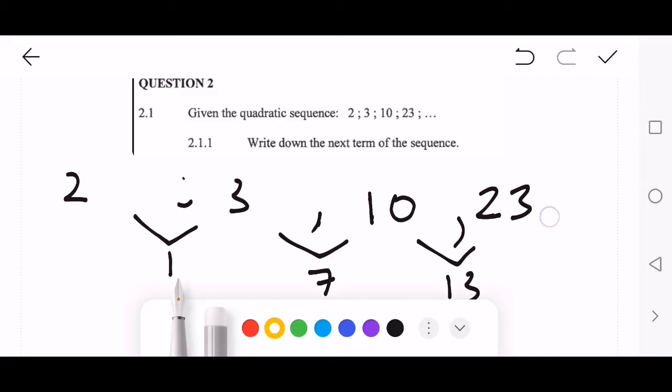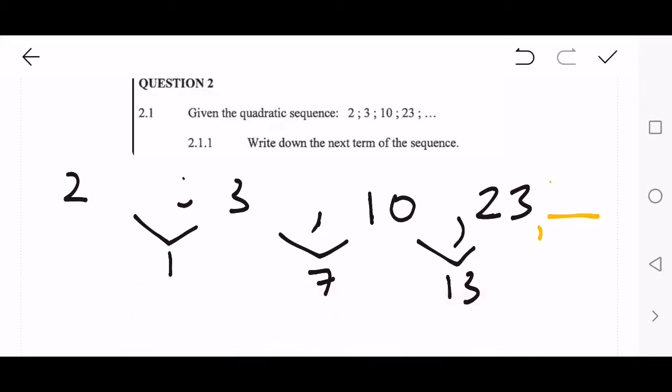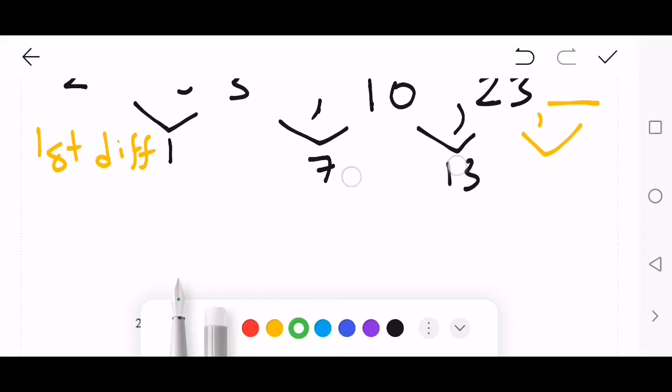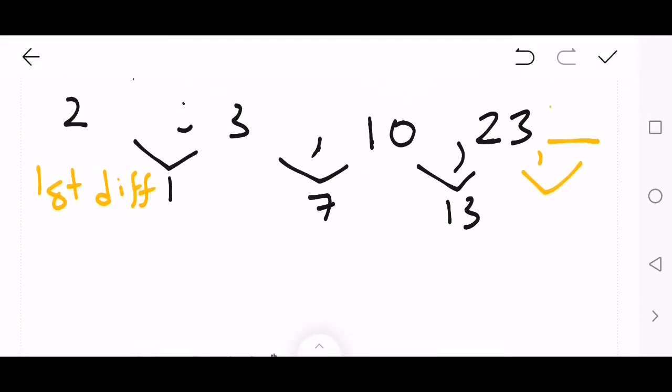Just going to indicate the space of the next term that we need. So this is our first difference. Now let's go to our second difference. So the difference between 7 and 1, that is 6.